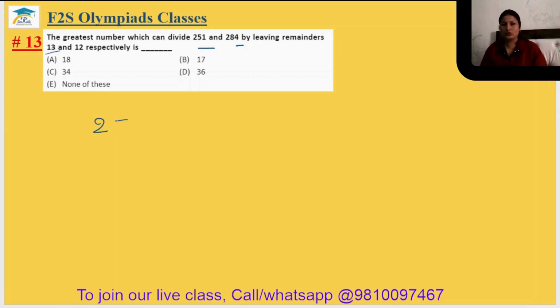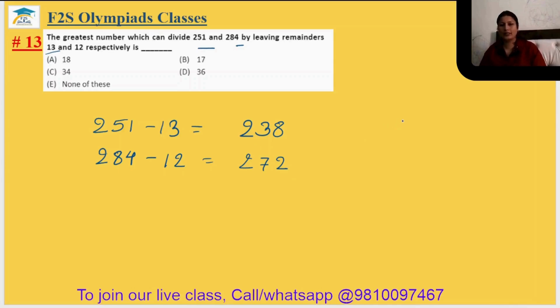So in 251 minus 13, first remove the remainder. That is 238. And 284 minus 12 will be 272. Now find the HCF of these two numbers.